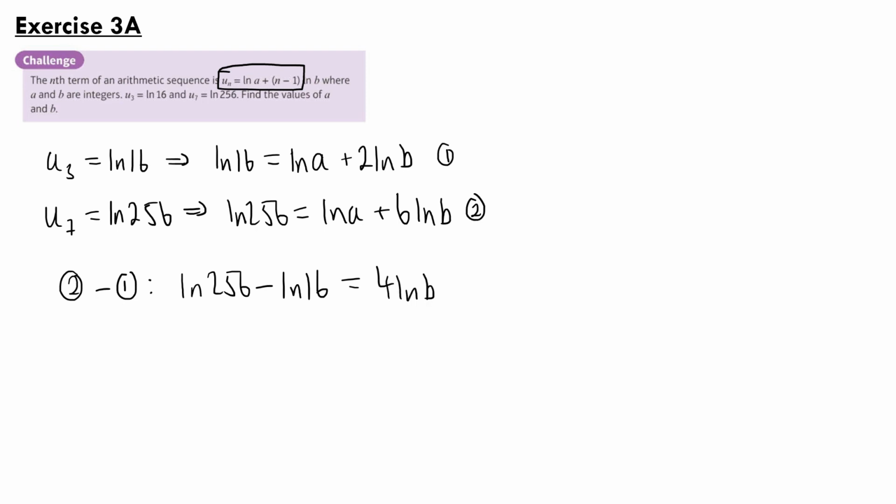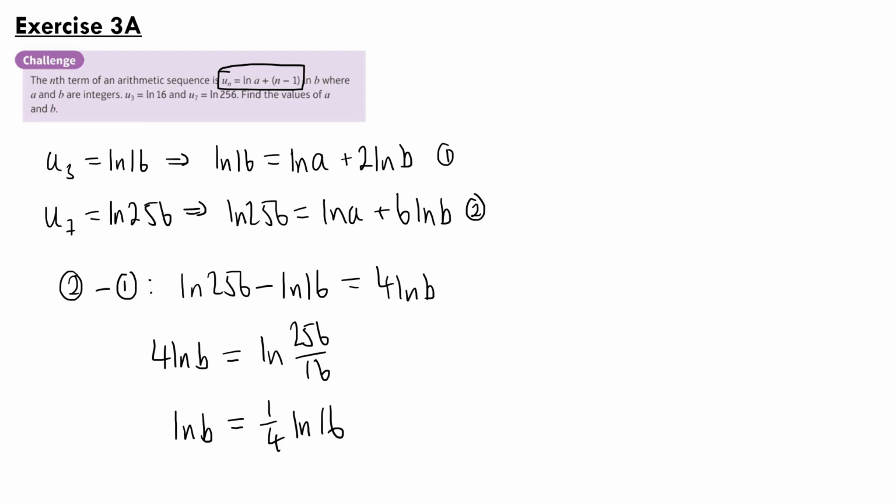And then using laws of logarithms, we have 4 ln b equals, and if we're taking away logarithms, then we're going to divide. So ln of 256 over 16, and then that gives us a quarter ln of 16 for ln b.